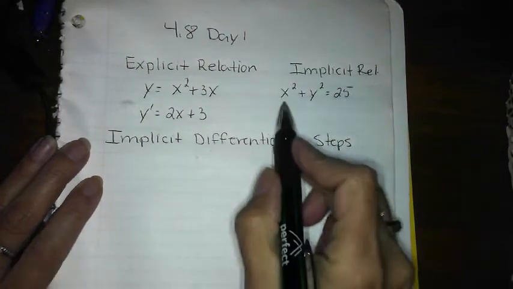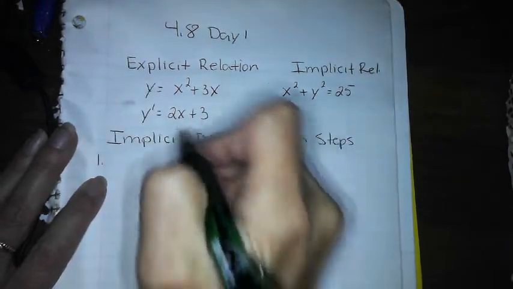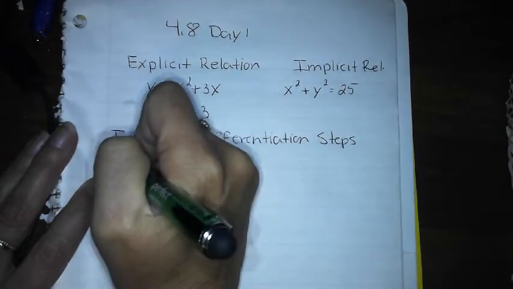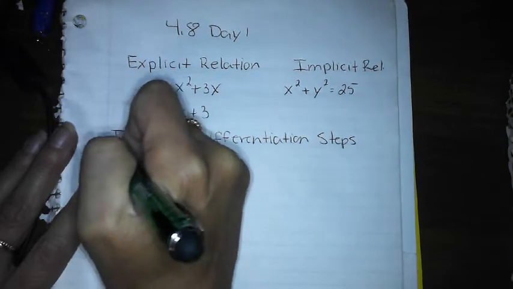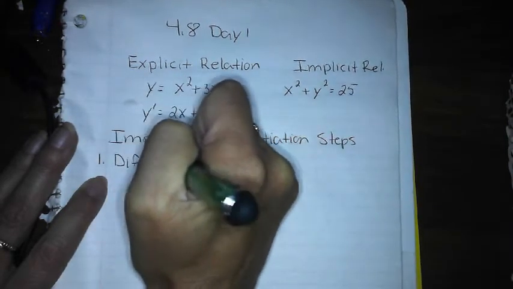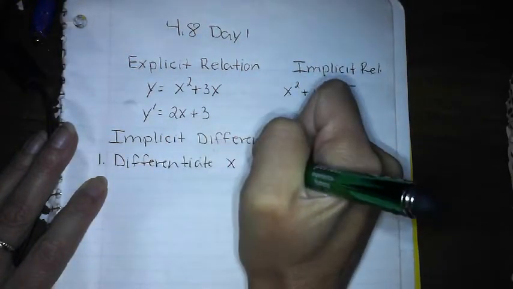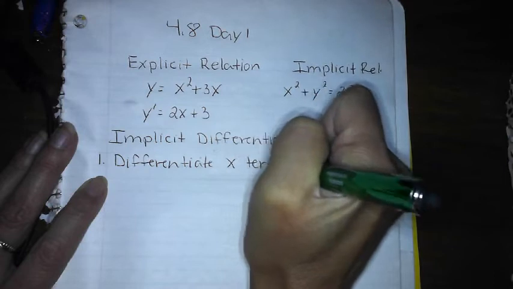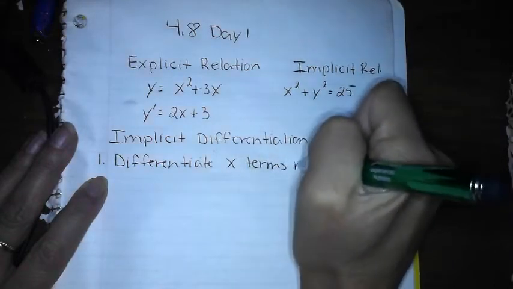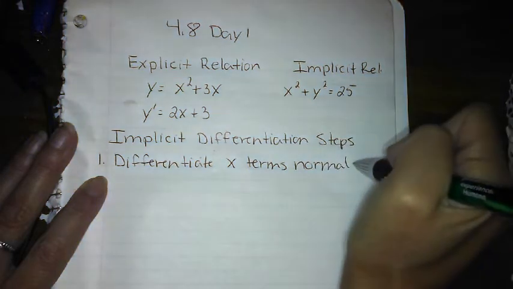So you're going to go through and do the derivative normally. You're going to differentiate x terms normally. Nothing changes when you come across an x term.